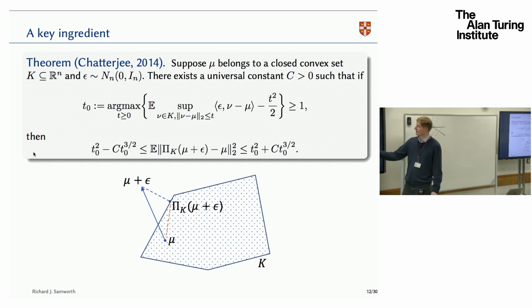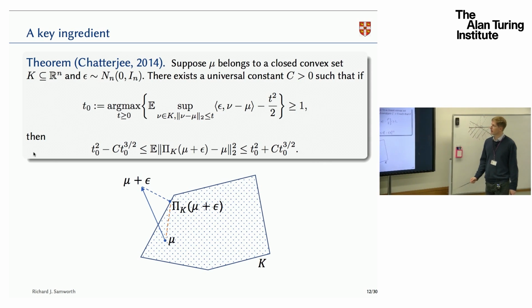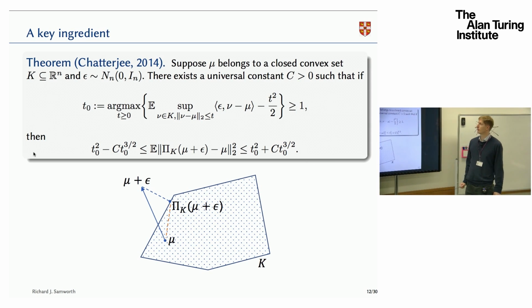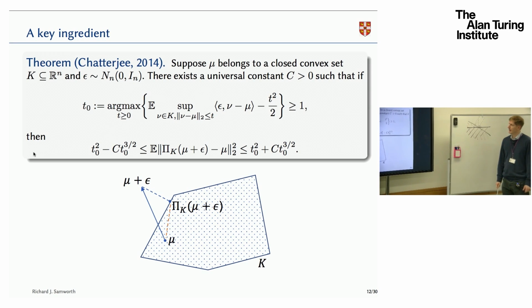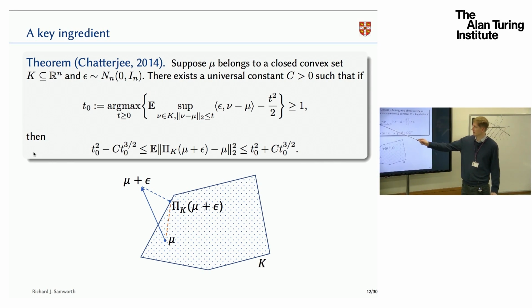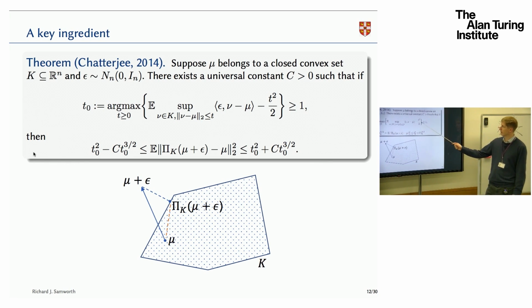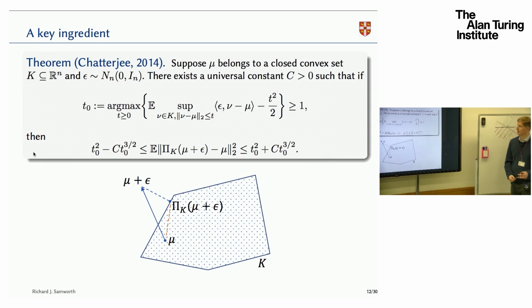Yeah, so we're looking for the maximizer of the expected supremum of some Gaussian process, and then we're subtracting this quadratic term. So if you think about this quantity as a function of t, let's say mu is in the interior of my convex set, then because of the bilinearity of the Euclidean inner product, this is going to increase linearly in t to start with, and then you're penalizing it with this quadratic term.